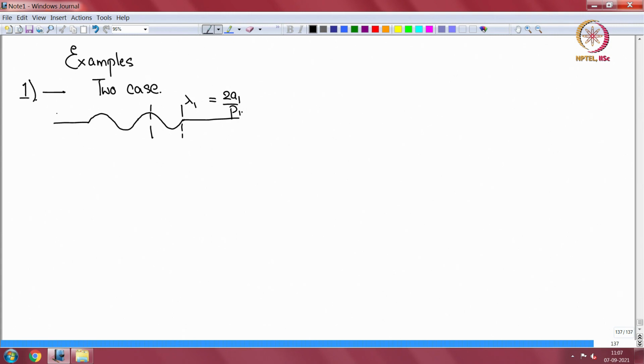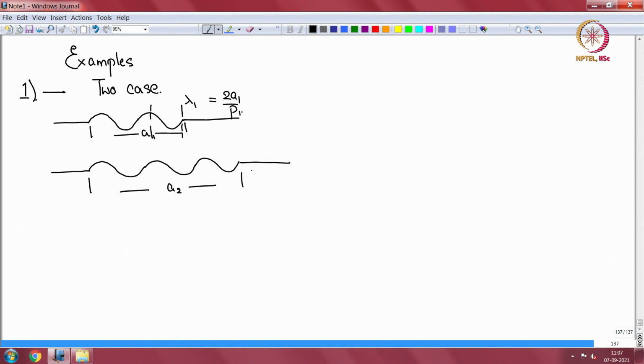That's the first case. Within that, the next is a panel now which carries the same wavelength but it is longer. So let us say this one is A1 and this one is A2.